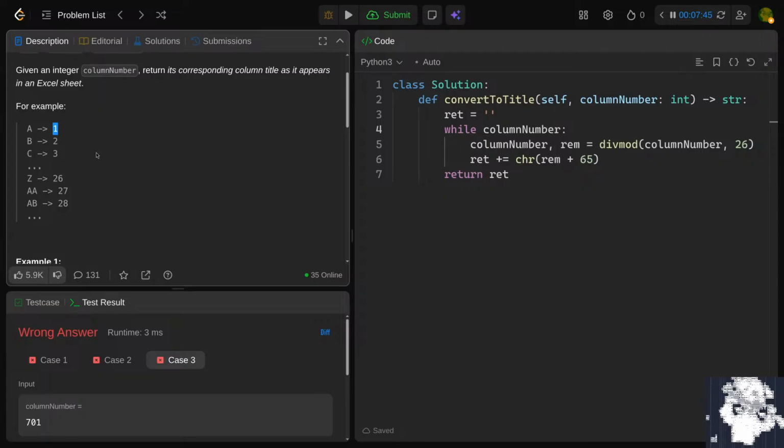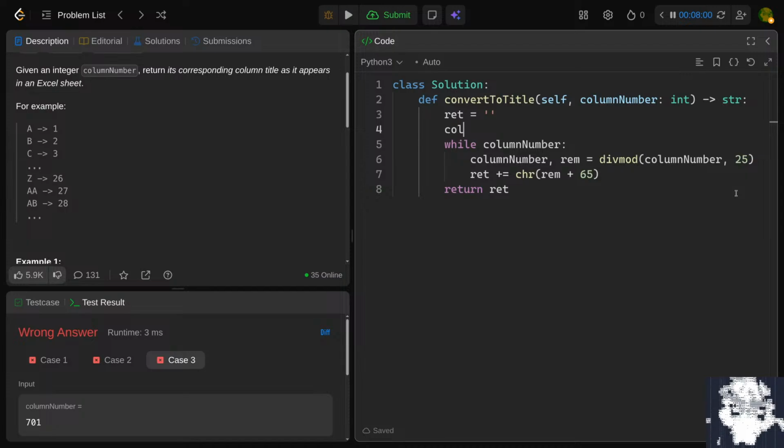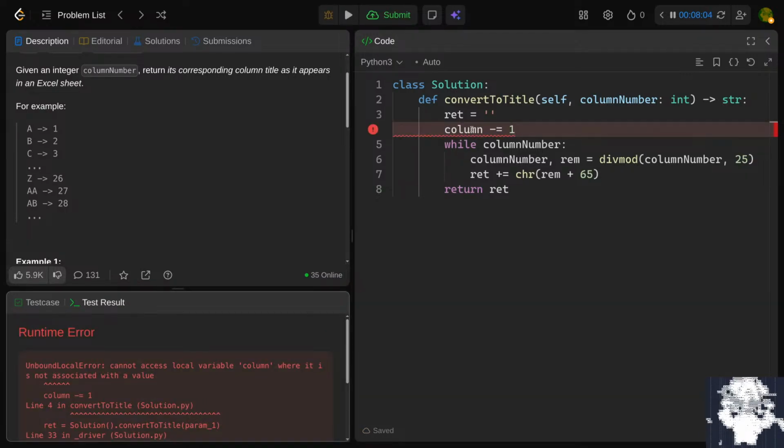So you take mod 25, you subtract by 1, and you do mod 25, right? It's not called column.